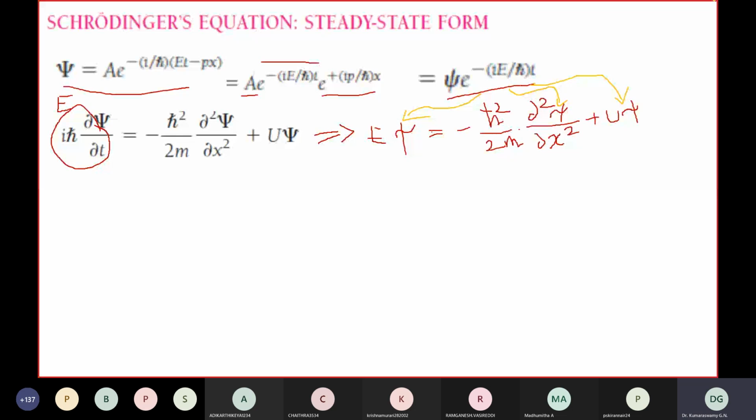When the psi is replaced with that full term, that is phi into e to the power of minus iE by h cross into t, this is what you get. E into phi e to the power of minus iE by h cross t is equal to minus h cross square by 2m, e to the power of minus iE by h cross t, dou square psi by dou x square plus U psi e to the power of minus iE by h cross into t. This is what you get.